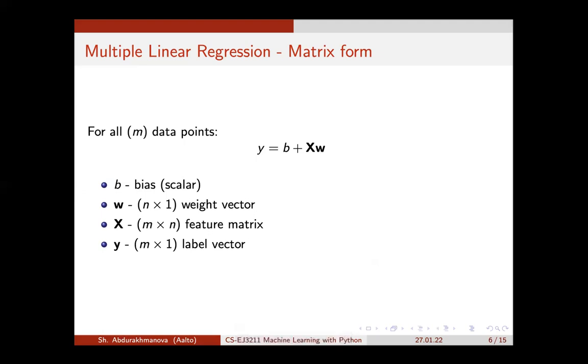So it's a 2D array where each row of the matrix corresponds to one data point and each column corresponds to one feature. Then we perform matrix multiplication with the vector W of shape n by 1, and the resulting vector is going to be of shape m by 1, which is the same as the shape of the label vector. So it's a more concise way to formulate multiple linear regression for all data points.